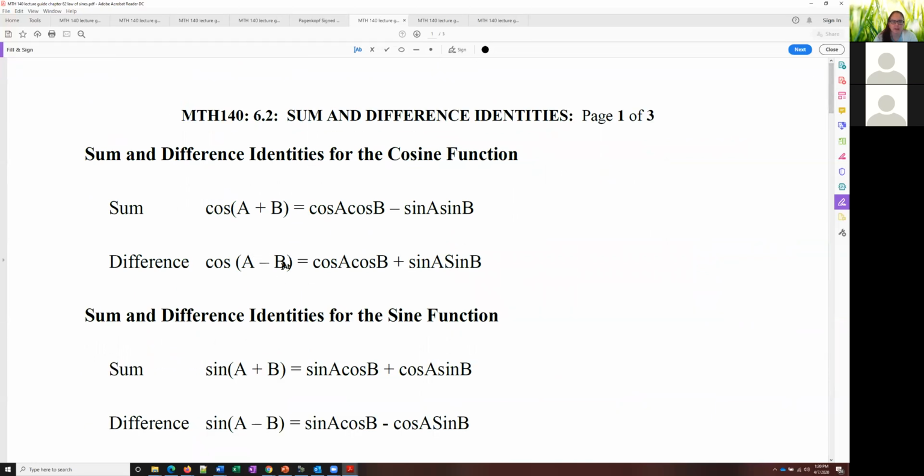So the cosine of a minus b, that's going to be the bottom. That's cosine a cosine b plus sine a sine b. And then the top, that was sine a minus b. That'll be sine a cosine b minus cosine a sine b.